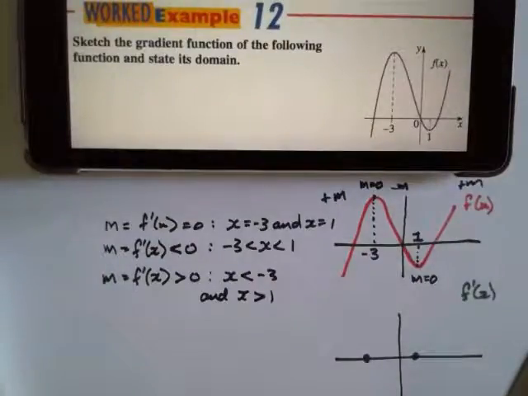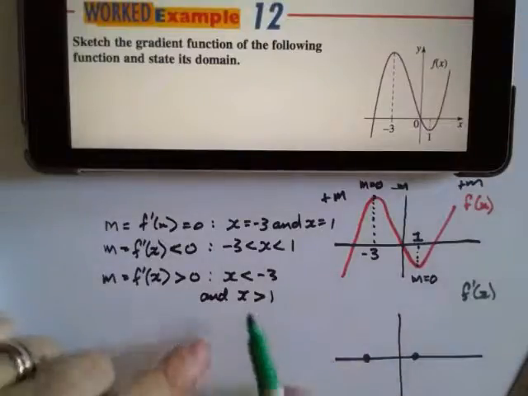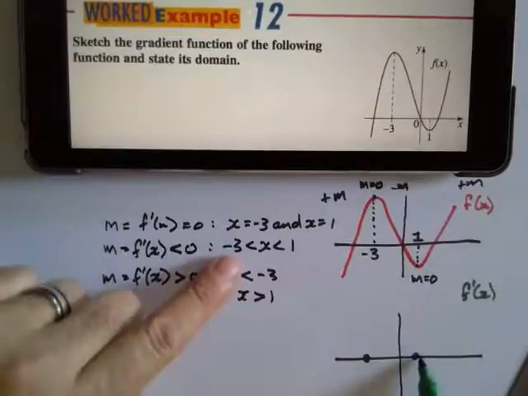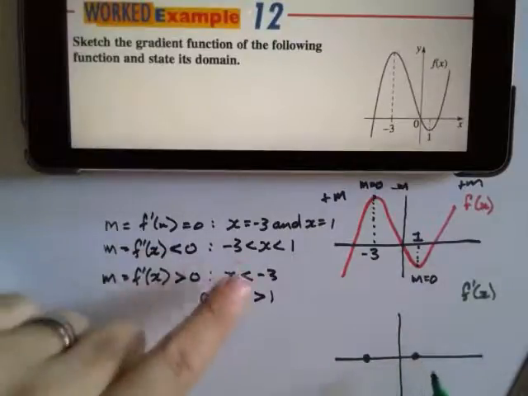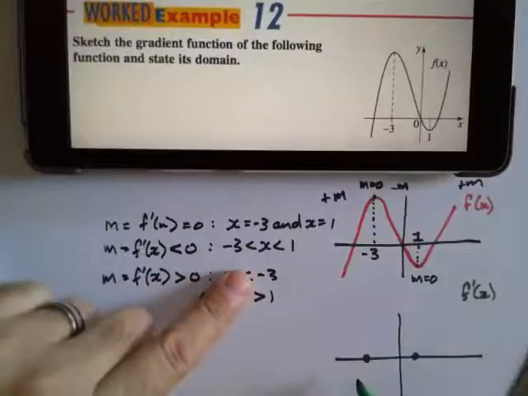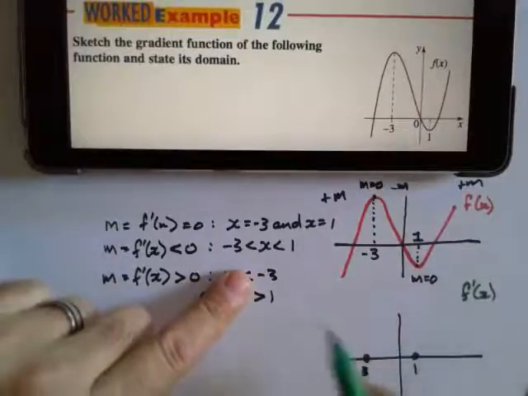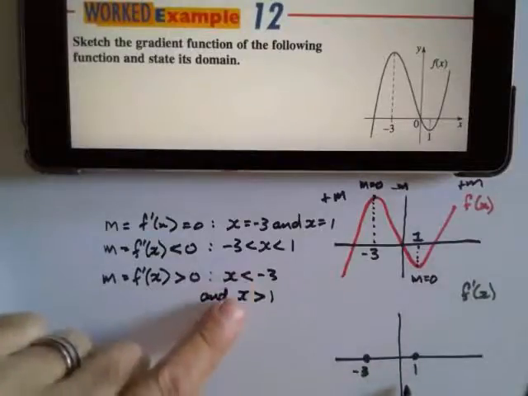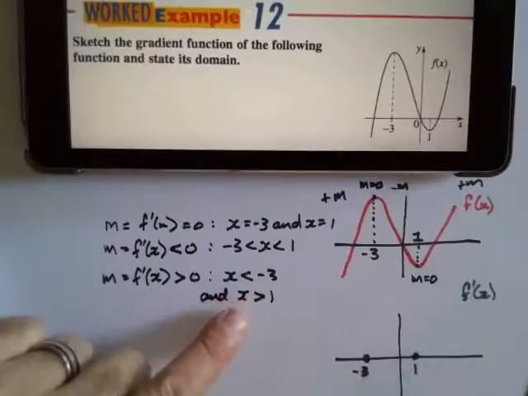On this gradient function graph that we're going to sketch, we are not going to look at the slope now. Now we're going to say, well, it's 0 and 0 on this graph. Then it's negative, which means between -3 and 1 it is negative, which means it must be underneath the axis. So between these two points, the graph needs to be under the line, because that's where it's negative.